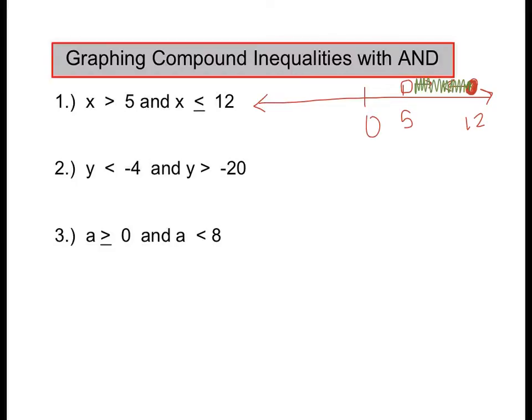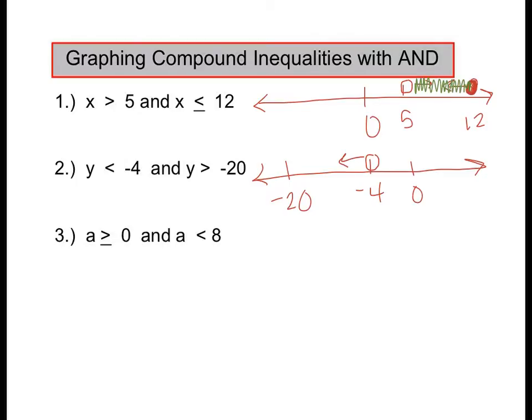Let's look at 2. Let's go ahead and make our number line graph, putting 0 on there to separate positives and negatives. Let's put -4 on our graph since that's part of our answer, and -20 since that's the other part. Now look at what this says. y is less than -4. So I want an open circle on -4. Numbers less than -4 are back here to the left.